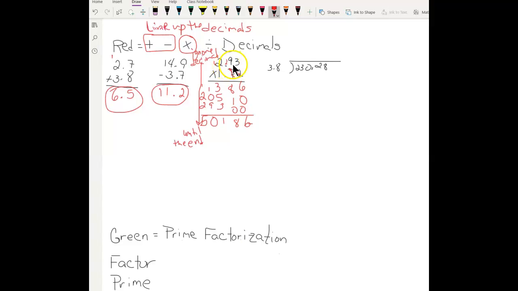There is 2 numbers after the decimal. So I put a 2 there. And this one has 1, 2 also. I'm going to add these 2 together, and that gives me 4. So I take my decimal and I go 1, 2, 3, 4.